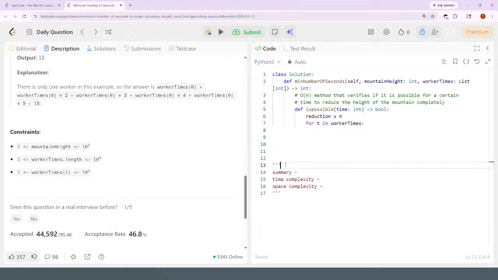So it'll be something like, let's say this is total. Too many t's.